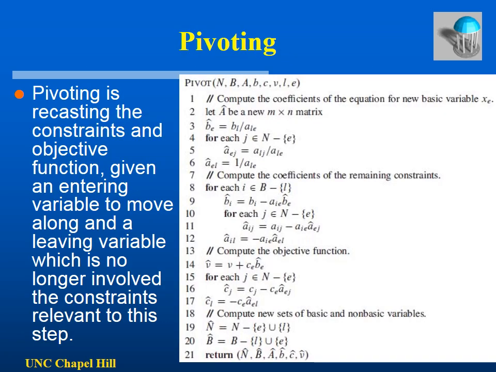Of course, these computations are detailed and have to be made quite precise, and they are made quite precise in this algorithm shown here for pivoting, in which we're recasting the constraints and the objective function given an entering variable and a leaving variable.